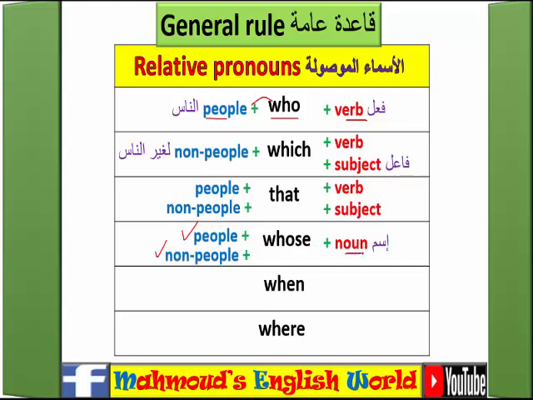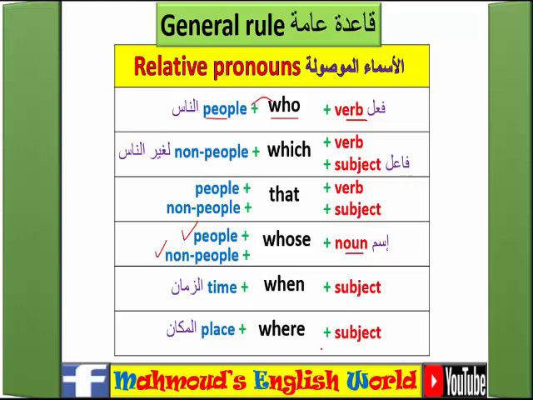Color is the noun. When, before we should have time, and after we must have a subject. This is the time when I get up. Where, we should have place here, and we should have a subject after it. This is the place where I teach. This is the school where I go. Okay, so you can take a pen and a paper and write down these rules that we have here.